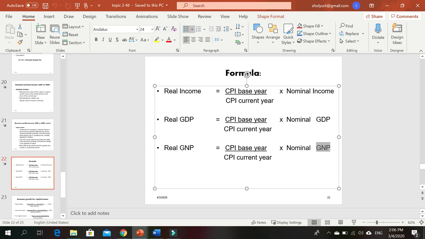CPI current year will be given in the question. So just remember the formula: CPI base year over CPI current year times nominal income.